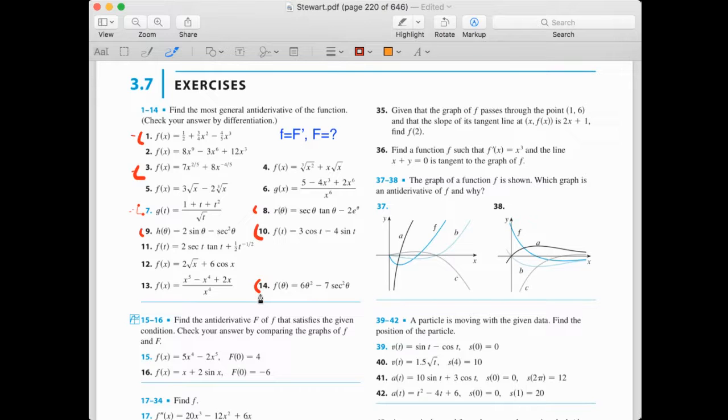Okay. Antiderivative, right? Think backwards. Think whose derivative is that? Or use the power rule.